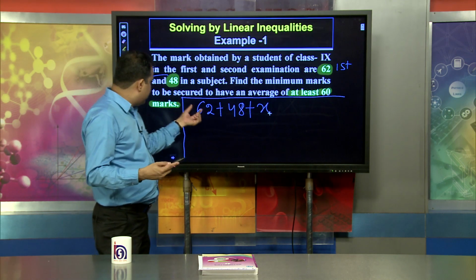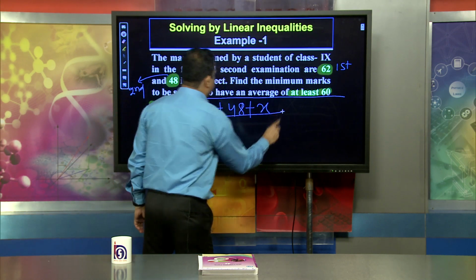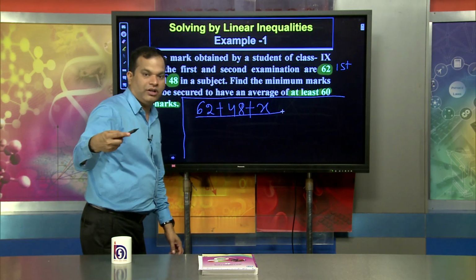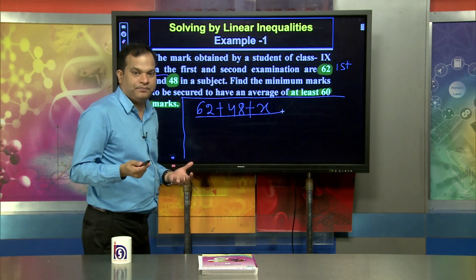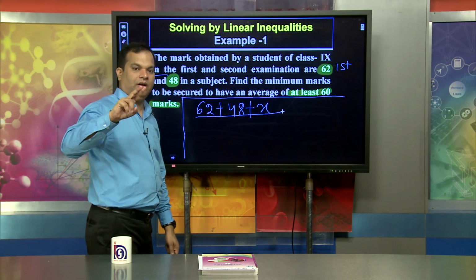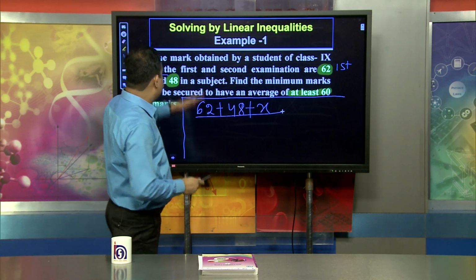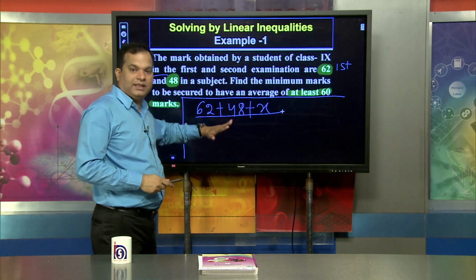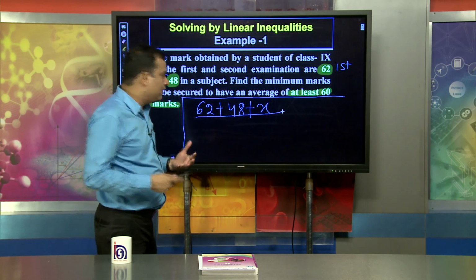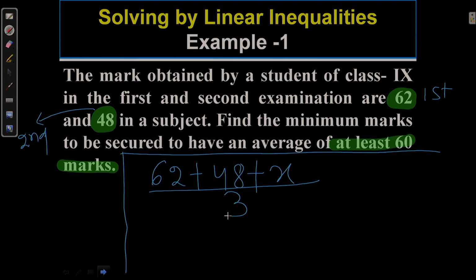So 62 plus 48 plus x divided by 3 examinations. When we are talking about average, we have to divide by 3. When talking about 2 examinations, we divide by 2. Here we have to divide by 3 in order to get the average mark. So, 62 plus 48 plus x divided by 3 is greater than or equal to 60.